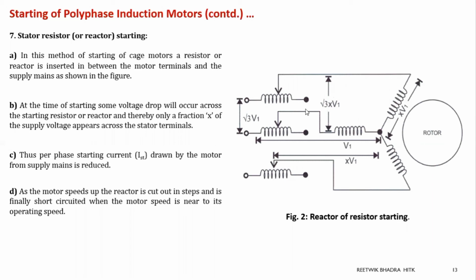You can make this reactor value 0, so that normal current flows. At starting, we have to limit the current, so you can take this as the maximum value. And at the normal running condition, you can reduce it to 0, so that normal rated current flows. So this is one of the mechanisms behind resistor or reactor starting.